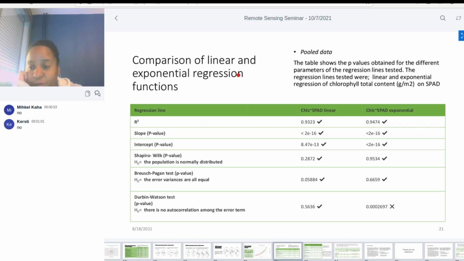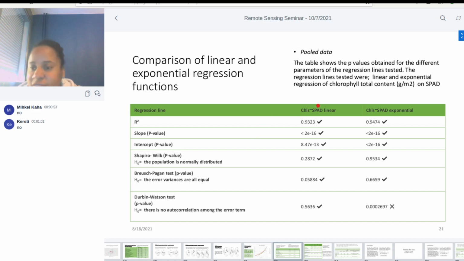So, as said before, to perform the validation of the regression lines that we were proposing, and to be able to pick one or another, we did this statistical test to see if they meet the requirements for the residuals of a correct linear regression model.